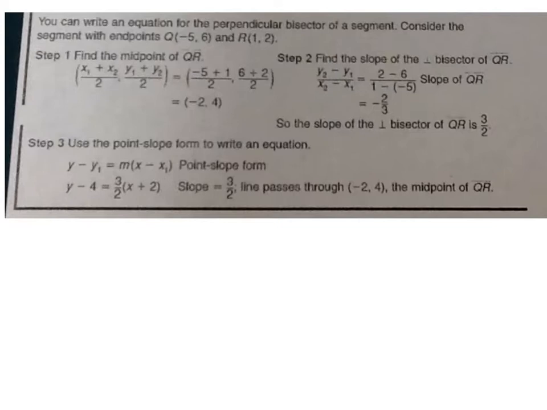Since we have a segment and we want a perpendicular bisector, let me plot those 2 points so we can visualize what they're giving us. -5, 6. This is -5.